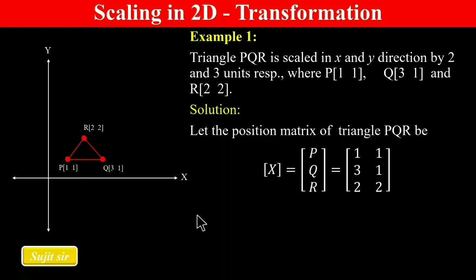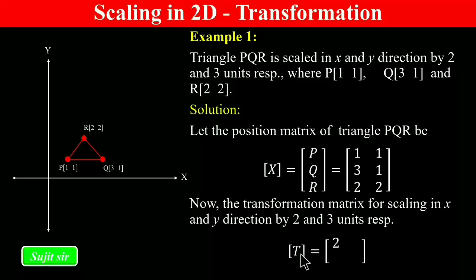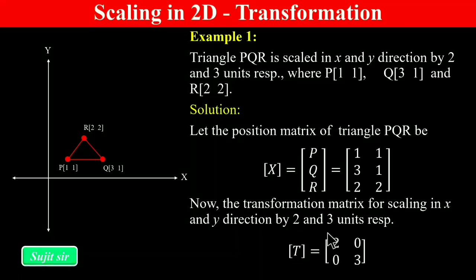Now to apply the scaling transformation on this triangle, first we have to write the transformation matrix for scaling in x and y direction by 2 and 3 units respectively. It is a 2 by 2 transformation matrix. We write it as scaling in x coordinate by 2 units and scaling in y coordinate by 3 units.